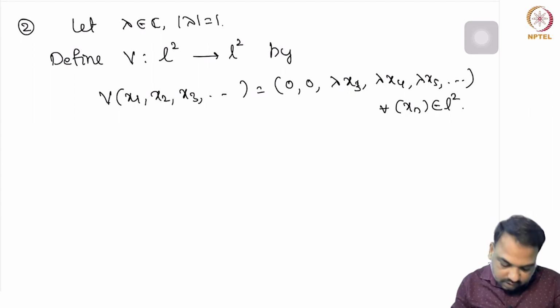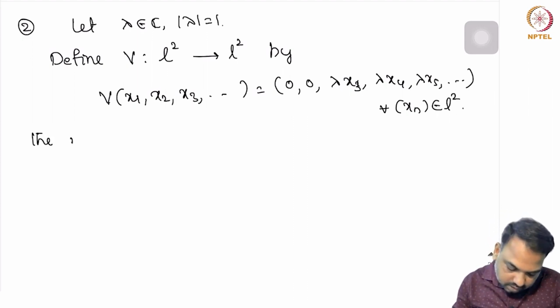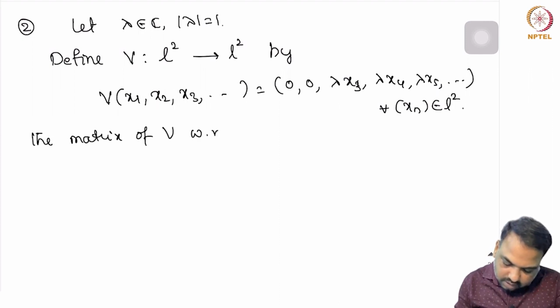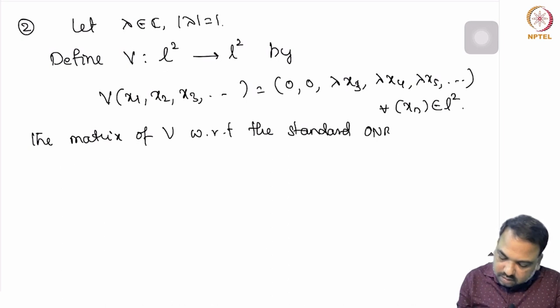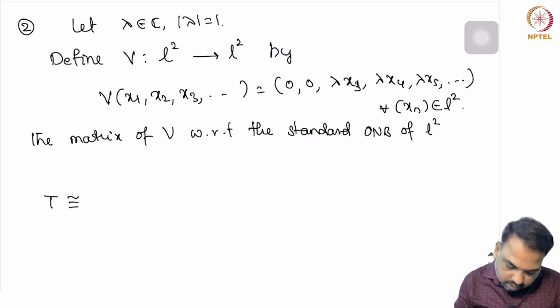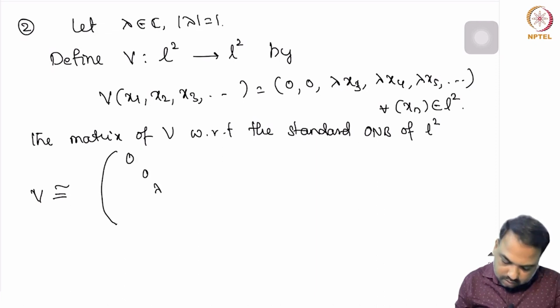So the matrix of V with respect to the standard orthonormal basis of L2 is nothing but zero, zero, lambda, lambda, lambda, and so on.